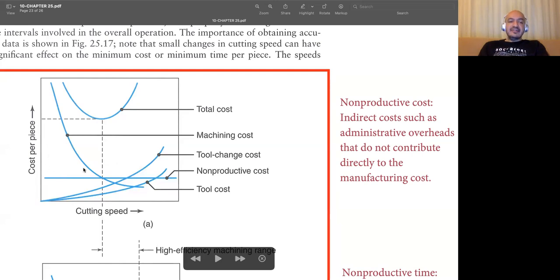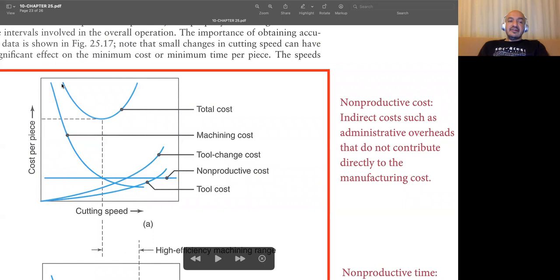Why is that? After you increase the cutting speed to very high levels, what will happen? Then you will have more problems with your cutting tool. You need to replace them frequently. And that's why after an optimum cutting speed, the cost of your machining increases.